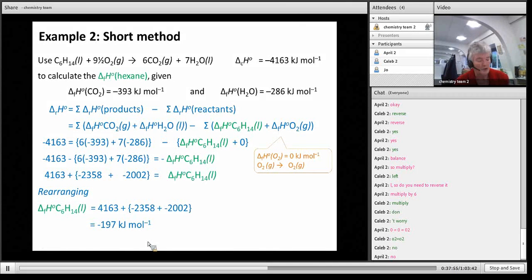So you can use the long method or the short method, but as I say, you can only use the short method here because you were given heats of formation. Not combustion, sorry, formation. So if you've got all heats of formation, you can use the short method.